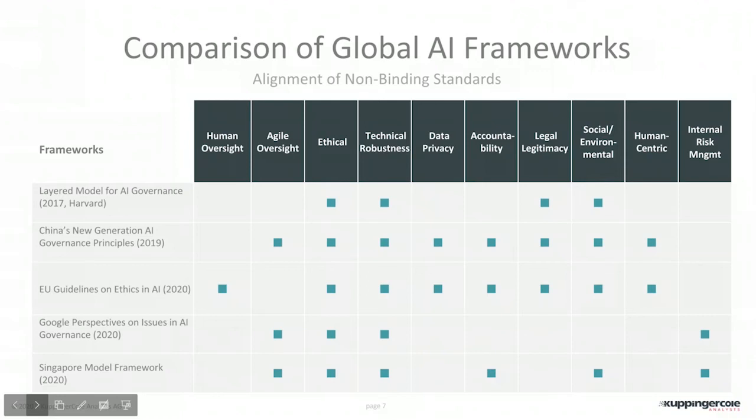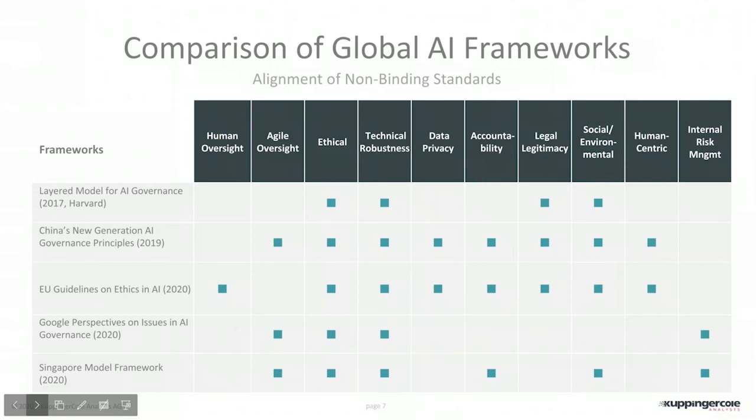This doesn't explicitly require human oversight, popularly called human in the loop. In 2020, the EU Commission came out with their guidelines on ethics in AI, which does explicitly call for human oversight of decisions made by AI systems.